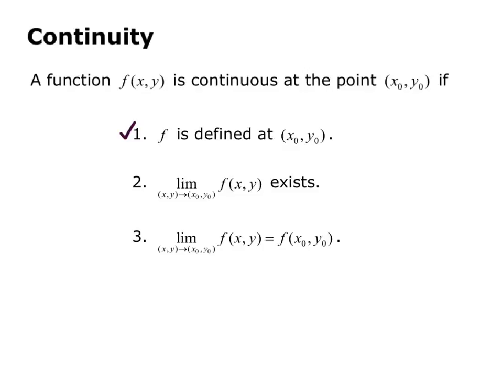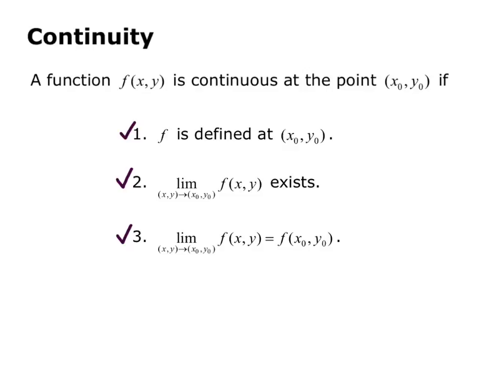The limit as x, y approaches x0, y0 of f of x, y exists, so the limit has to exist at that point. And the limit as x, y goes to x0, y0 of f of x, y equals f of x0, y0. So in other words, the limit of the function has to equal the value of the function.